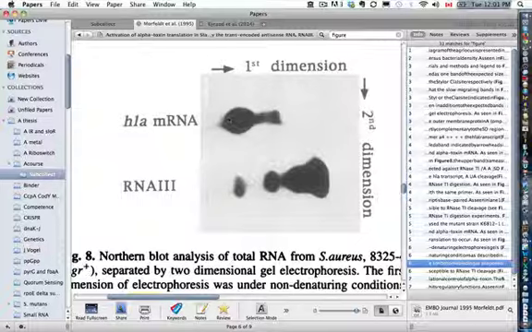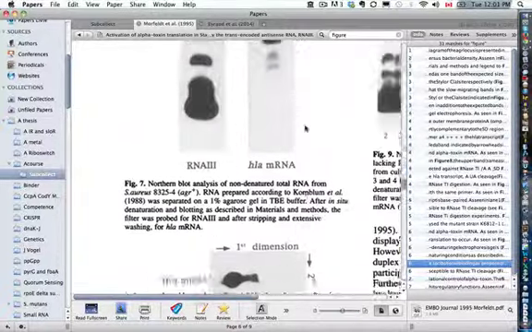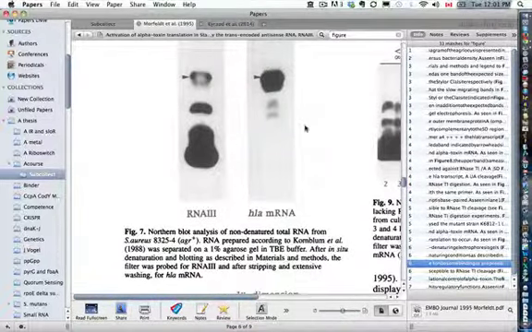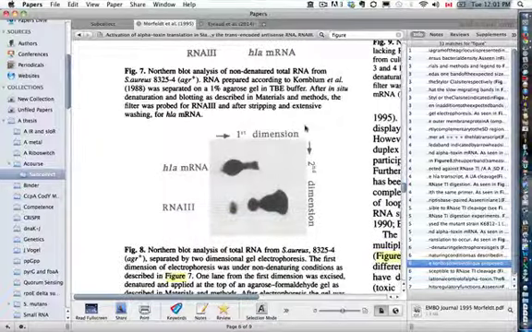There are two separation steps, one this way, the second this way. So they've separated the complex, and they're showing what they showed in the last slide. It's just a confirmation. This is the Moorfield paper.